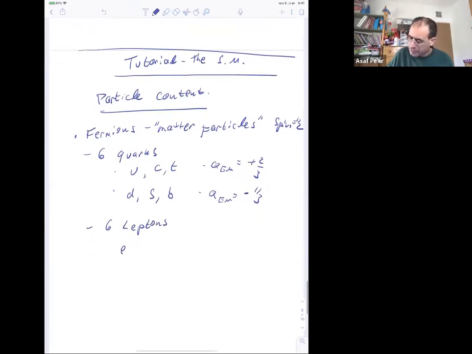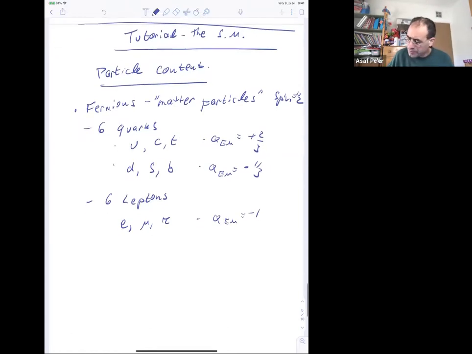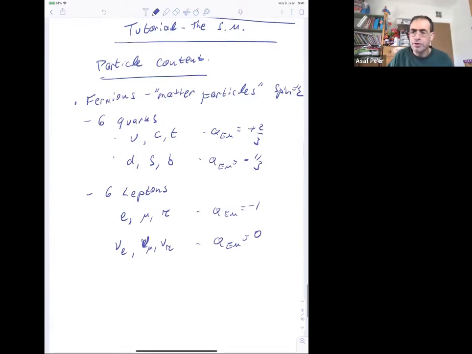So the electron, the muon, and the tau all have electric charge of -1. And you have the 3 neutrinos: neutrino electron, neutrino muon, and the neutrino tau. They all have electric charge of 0. In addition to all of these 12 particles, there are antiparticles.